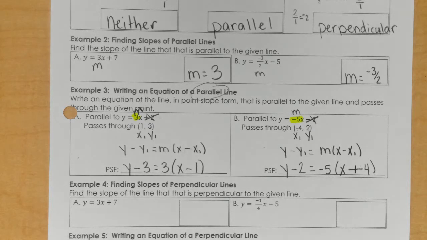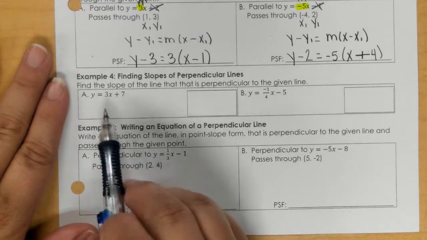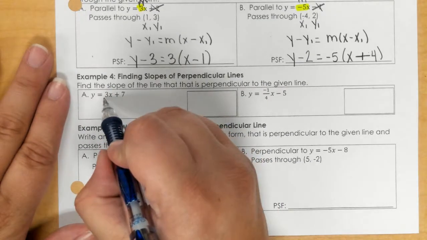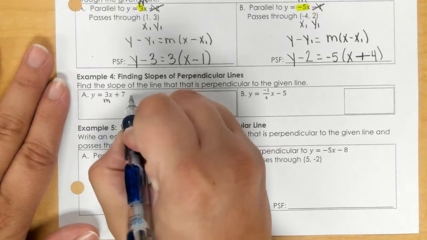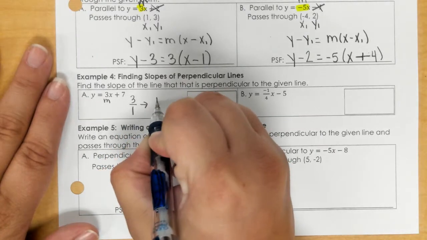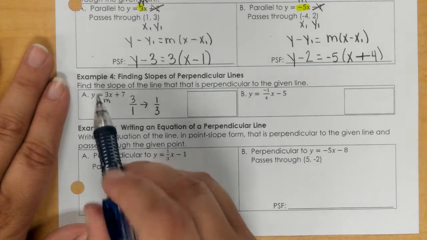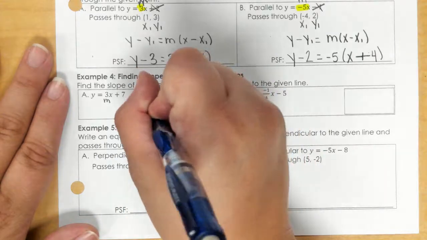Alright, now, for the second part of the notes, it's asking you to find slopes of perpendicular lines. So here, I see that I have a slope of 3, okay? So I take that and make it a fraction. I flip it. And I have to change the sign. So because that was positive, this would become negative.